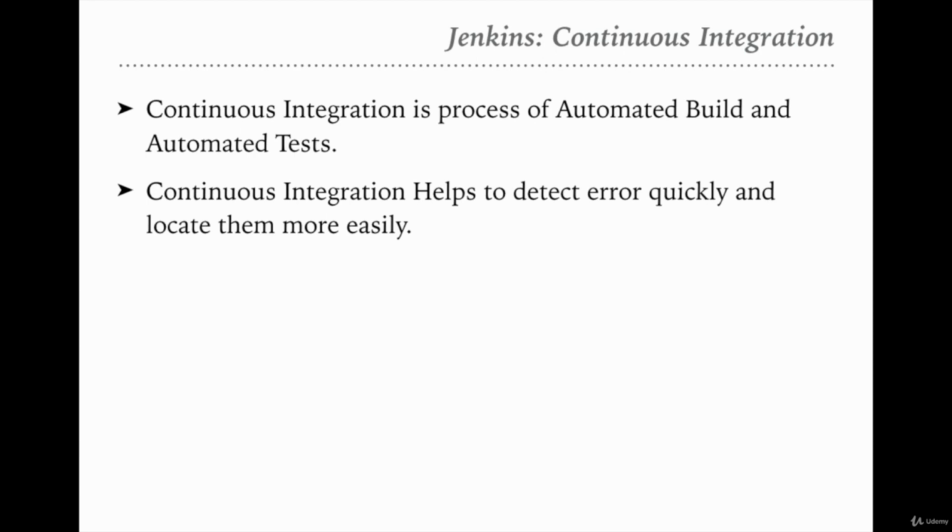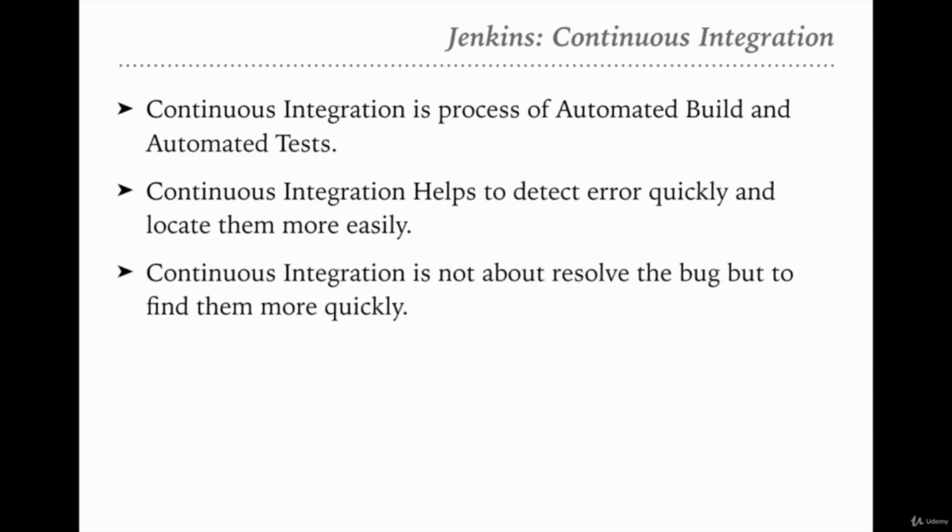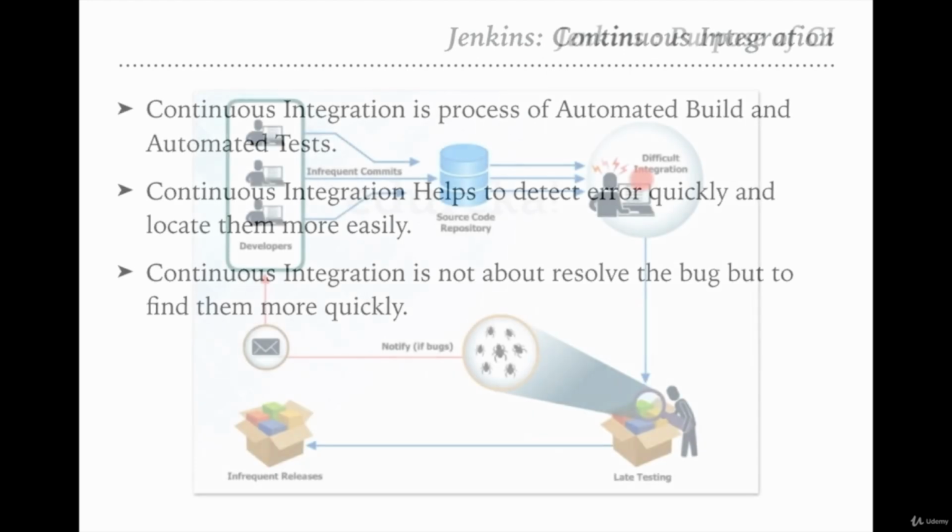So you need to look at the commits which were done between 4 p.m. and 6 p.m. so that you can easily locate the errors and resolve them. So continuous integration helps us find the errors quickly and locate them. As we discussed, continuous integration is not about resolving the bug. It's all about finding the bug more quickly in your build pipeline or in your automated build.